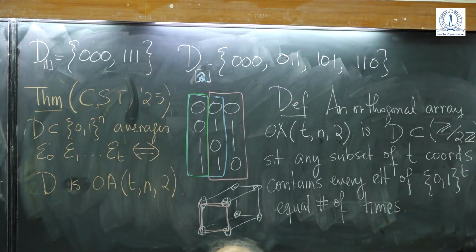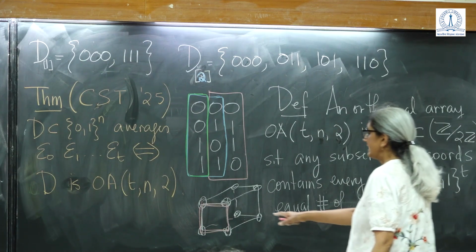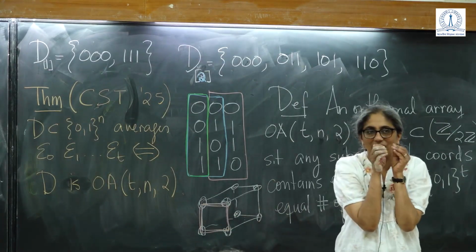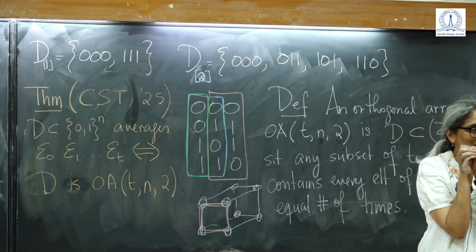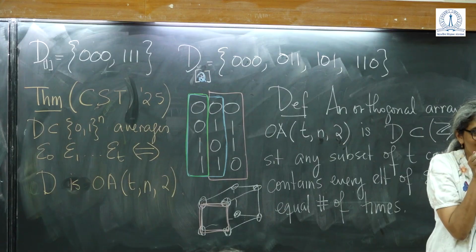And how do you know which one? If I want to average t of them, then I want to fix t coordinates and look at the subcube that I get. So they're very different in philosophy. This is like crouching in one corner of the cube. It's all together, this design.